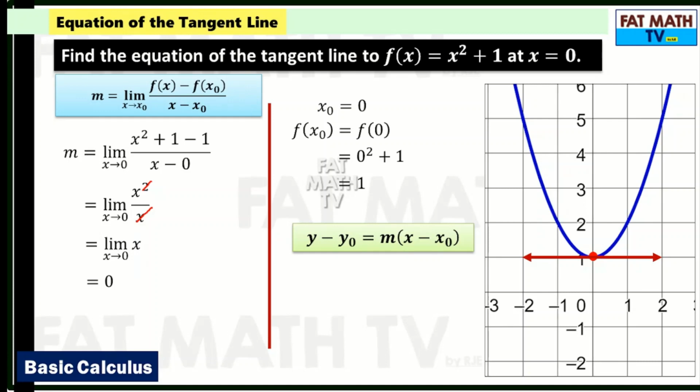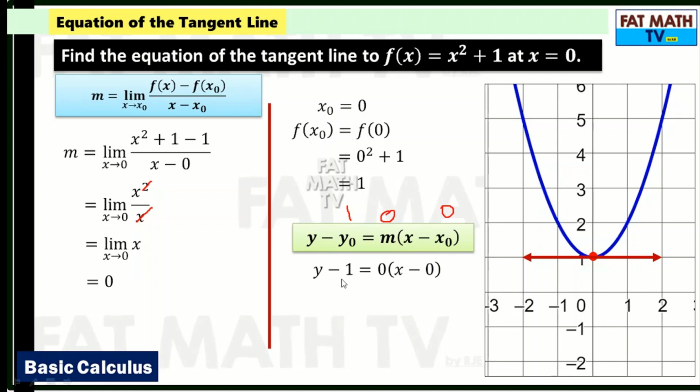So here, our x null is 0, and our y null is 1, and our slope is 0. So we have y minus 1 equals m, or 0, times x minus 0.